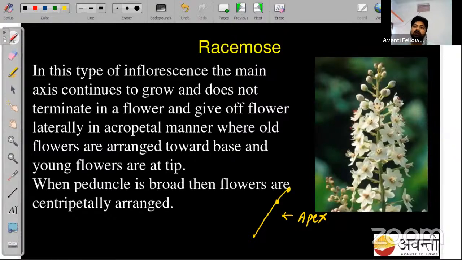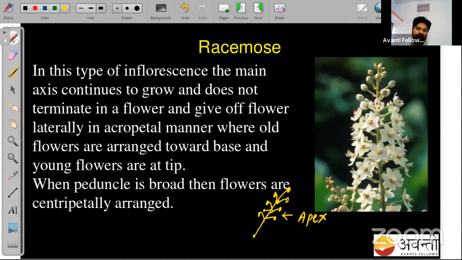Then how do flowers develop here? At the side portion, new flowers develop. The axis does not terminate in a flower and gives off flowers laterally in an acropetal manner. What is meant by acropetal, guys?